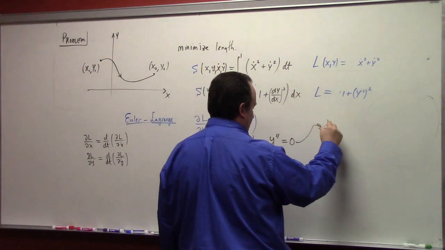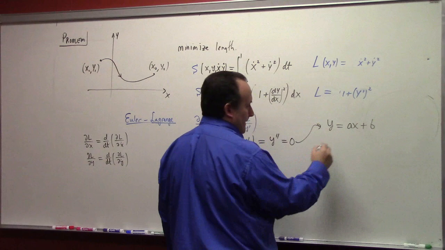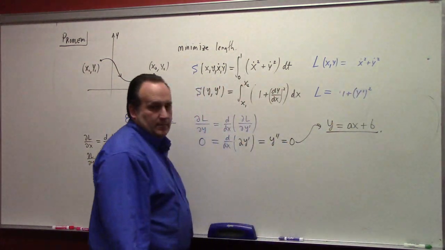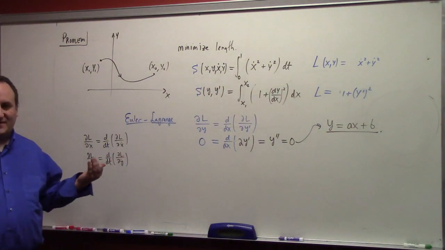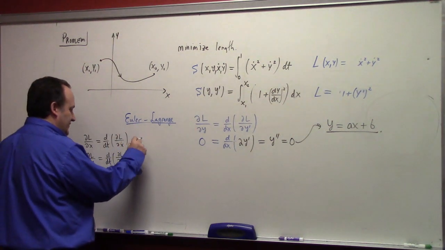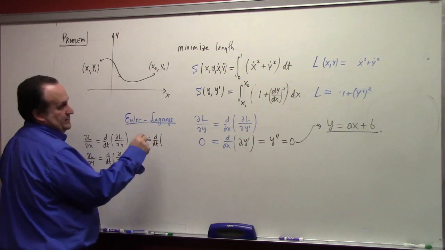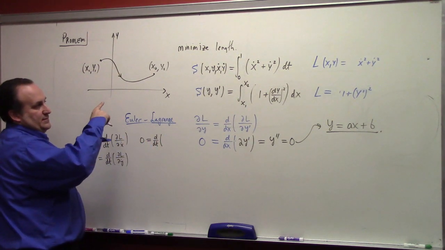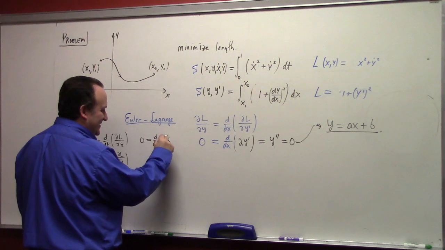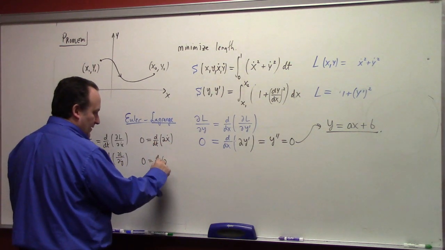Integrating twice, we get what? Of course, the answer is a line. Now, from the parametric perspective, we get equations 0 is equal to d dt of partial L partial x dot, which is 2x dot, okay? And 0 is equal to d dt of 2y dot.